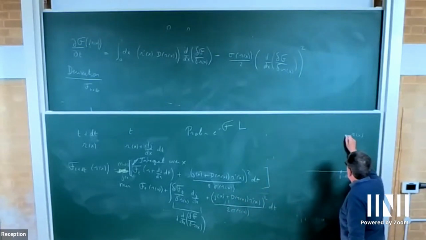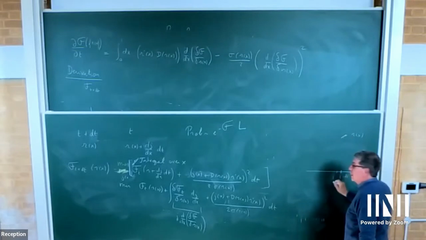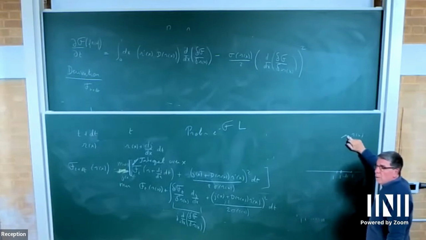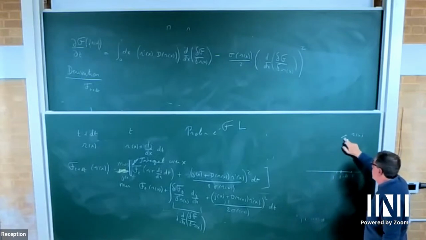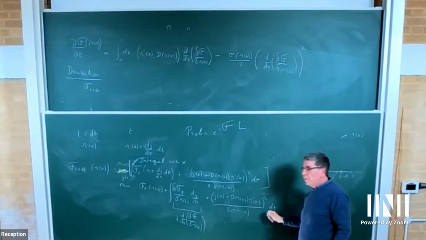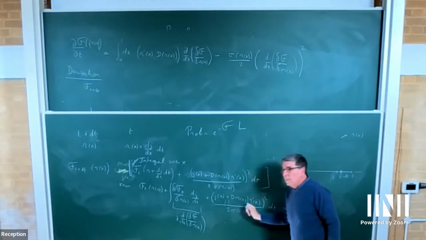So somehow it will tell me exactly what profile I had at time T. So if I want to see this fluctuation, how did I get there? Because it tells me this part. I will get the optimal J from optimizing here.